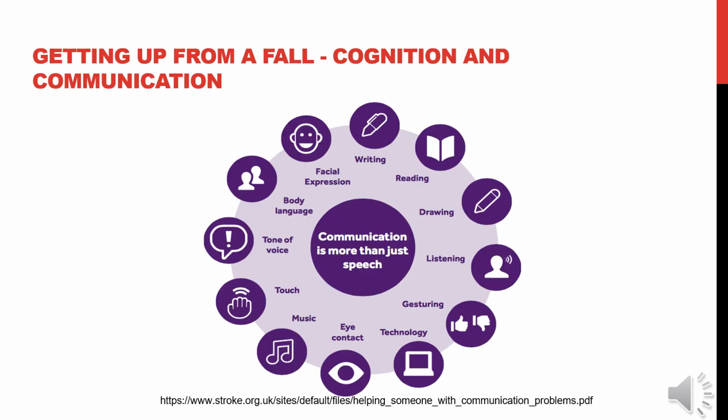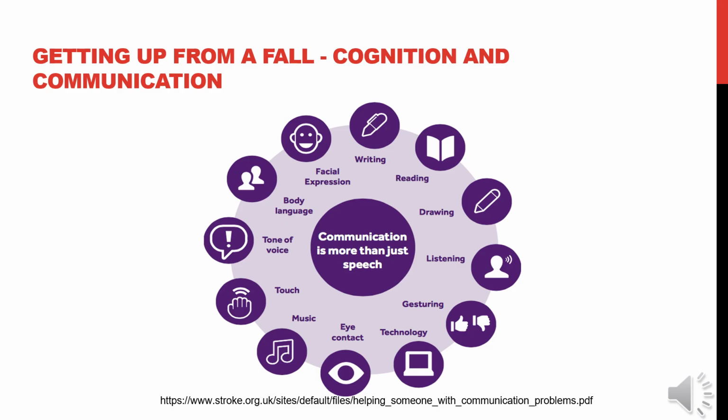It's important to note that when you're assisting a client in getting up from a fall, before you proceed, in addition to assessing your client for injury, you should also assess their cognition and communication in order to determine if they will be able to follow instruction and safely participate in getting up.